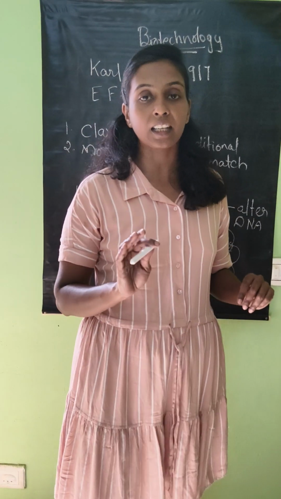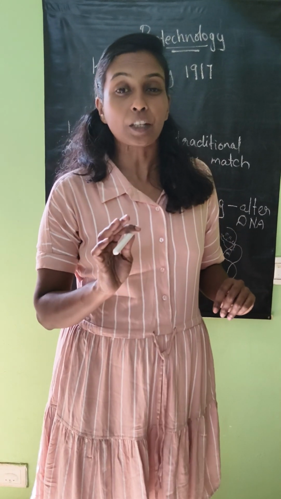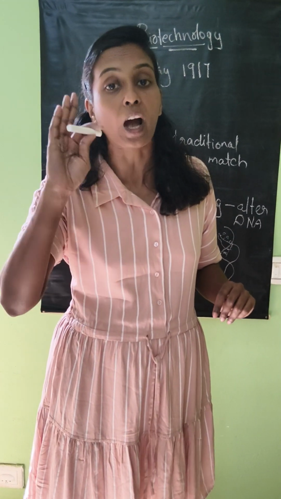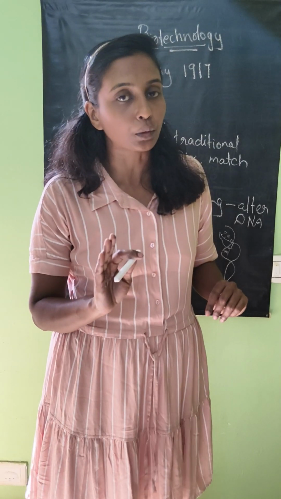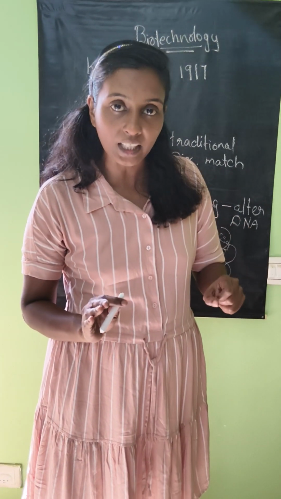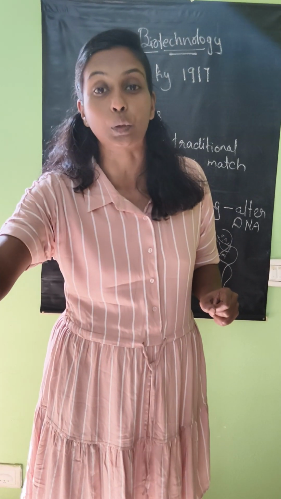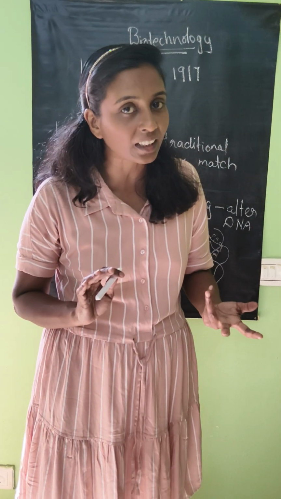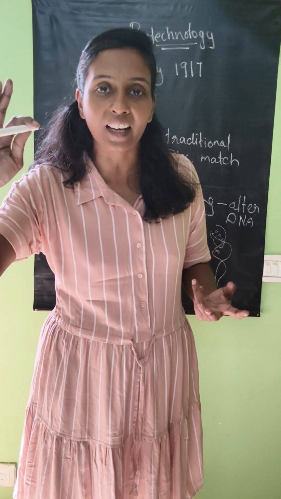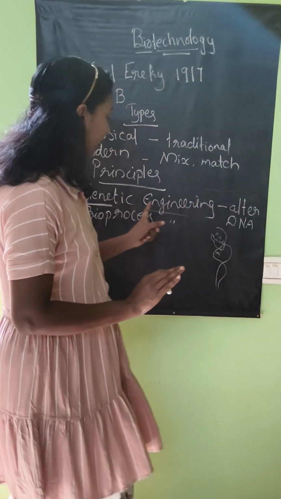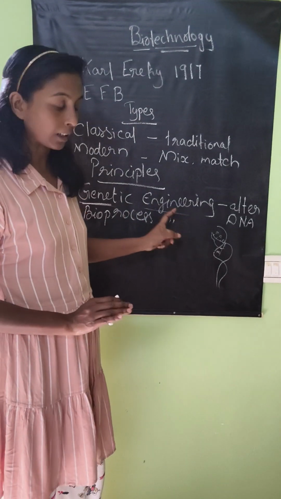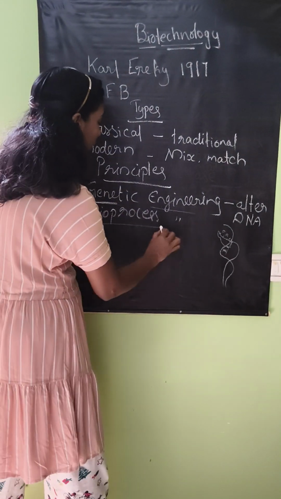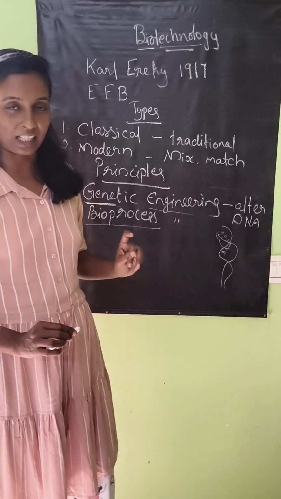One example: jellyfish. Jellyfish has one trait, it can glow at night. So we have to isolate that particular gene and insert it into a frog. What will happen here? The frog can glow at night. That technique is genetic engineering. Next we can go with another process, called bioprocess engineering.